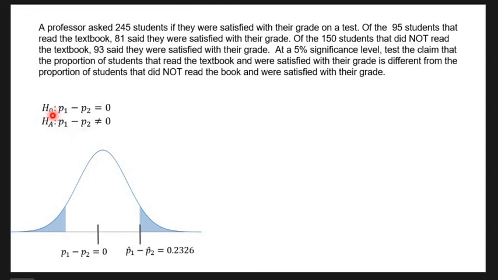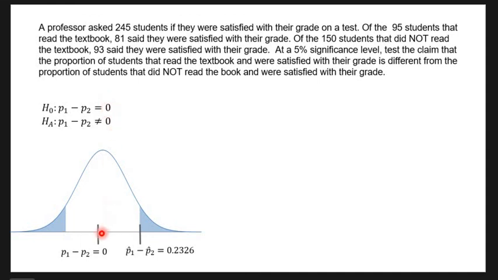So the null hypothesis is that there's no difference in the two proportions, and the alternative hypothesis is that the difference is not equal to 0. Because the null hypothesis, the hypothesized difference D null, is 0, 0 is going to be at the center of my sampling distribution, which we call the null distribution.